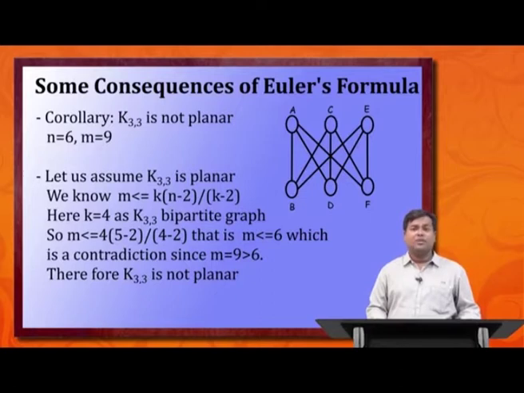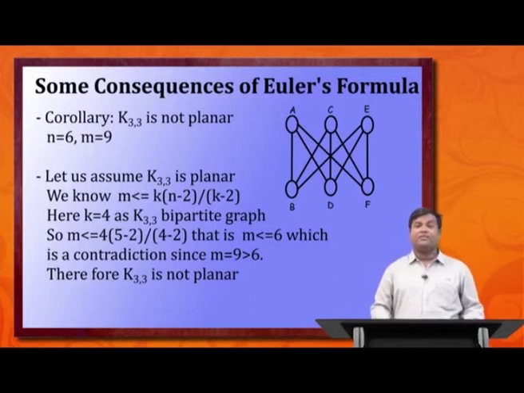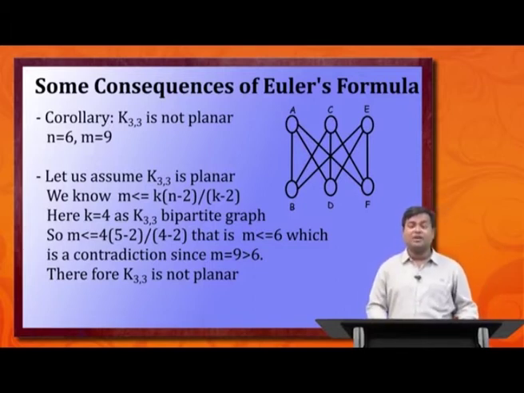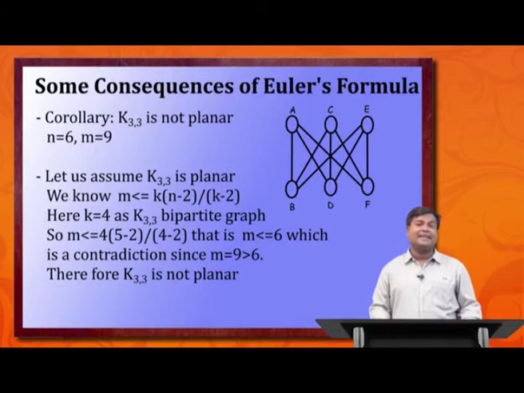If it is not equal to 2, then we can always say that this is not planar. But the other way is not true. If for a graph we find that n minus m plus r equals 2, we cannot simply say that it's planar. If the graph is planar, then n minus m plus r equals 2, but if for a graph n minus m plus r equals 2, we cannot guarantee whether the graph is planar or not.